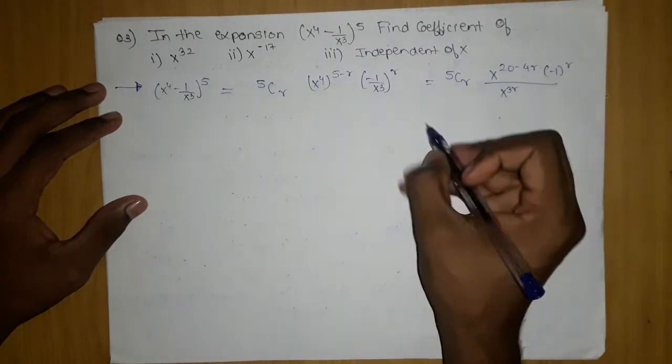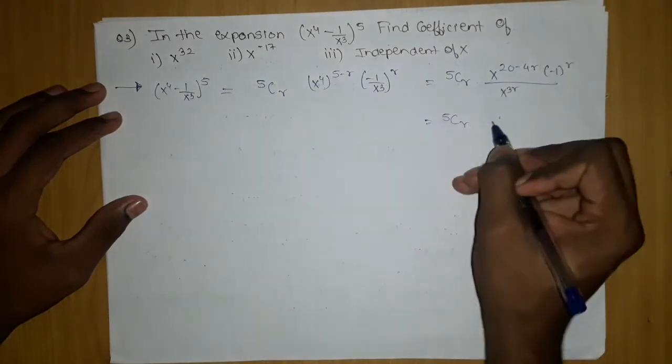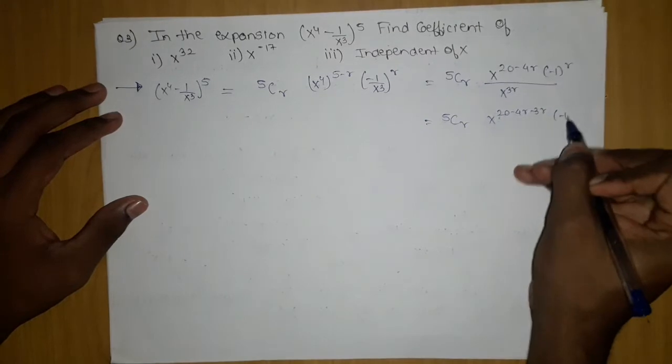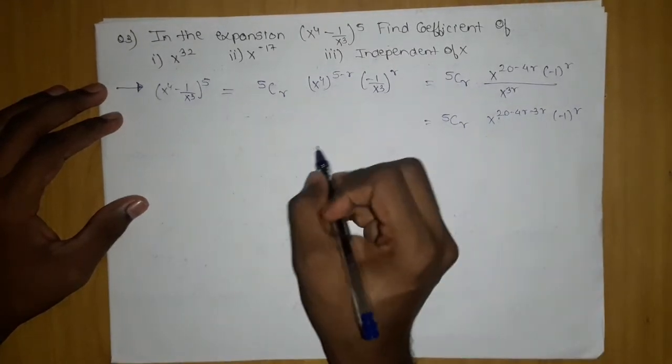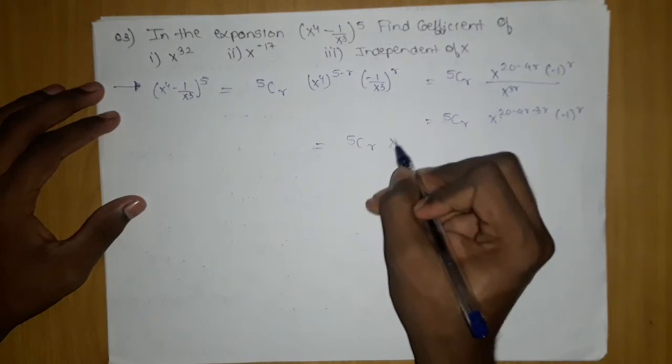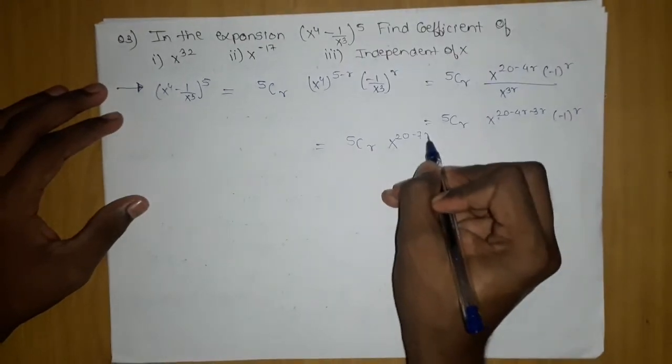Now we can move it up, which we can write as 5Cr x^(20 minus 4r minus 3r) into (minus 1)^r. After this what we can clearly see is 5C r into x^(20 minus 7r) into (minus 1)^r.